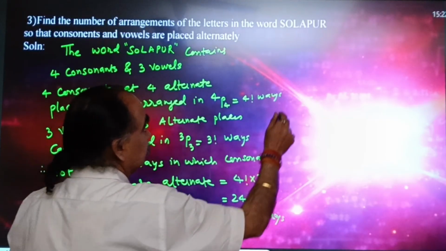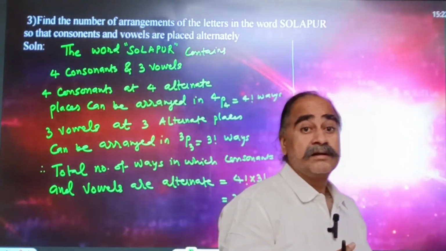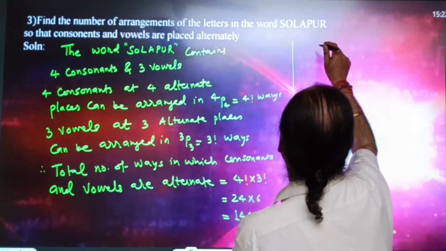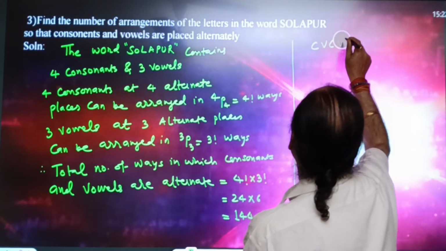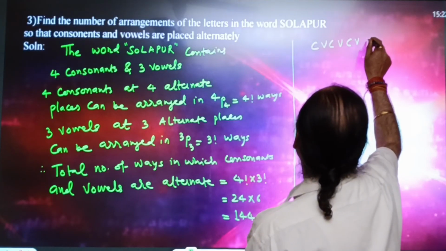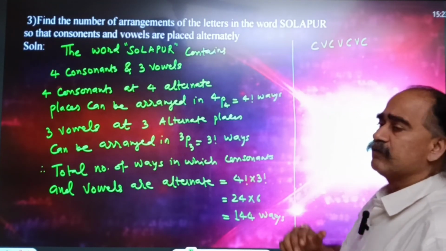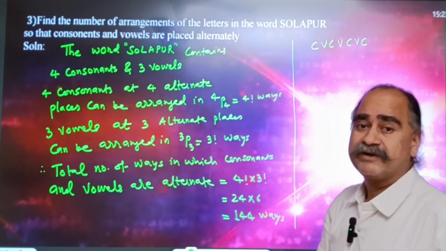See the working. Since consonants are 4 but vowels are 3, there is only one possibility: CV, CV, CV, C. It will not give VC, VC, otherwise at the end two consonants will be together.